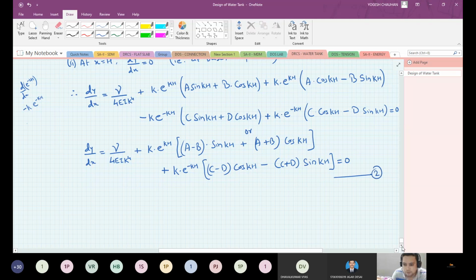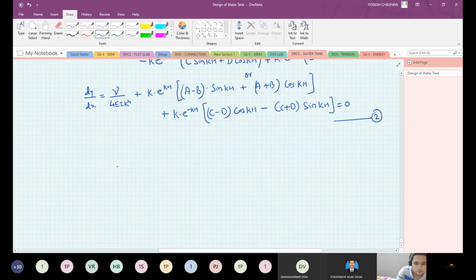Now apply the third boundary condition, that is at x equals 0, d square y by dx square is 0.